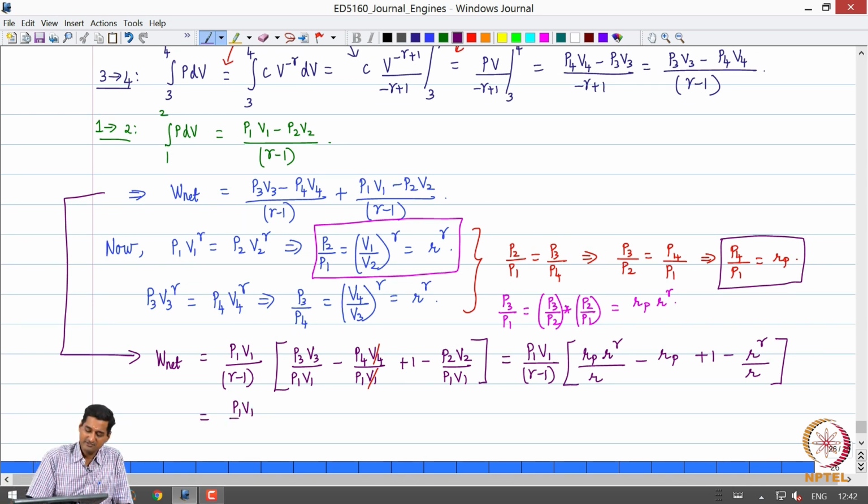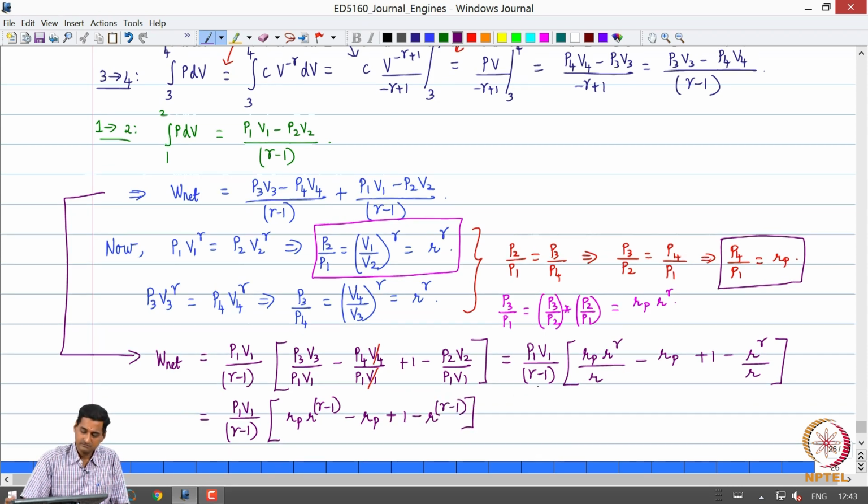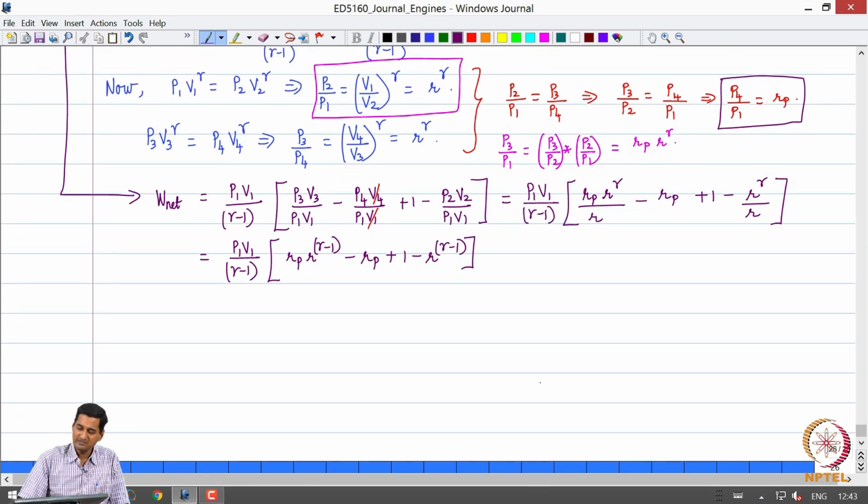So, what we have is the following. We have P1 V1 whole to the power gamma minus 1 times Rp R power gamma minus 1 minus Rp plus 1 minus R power gamma minus 1. Okay. So, this is what we have.